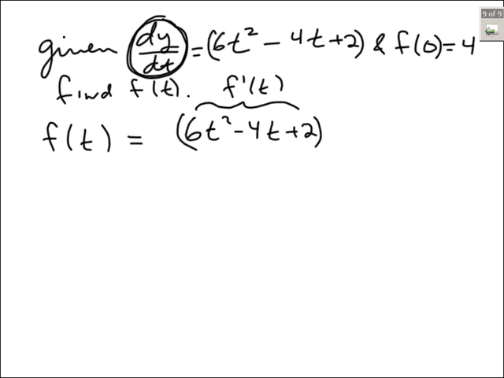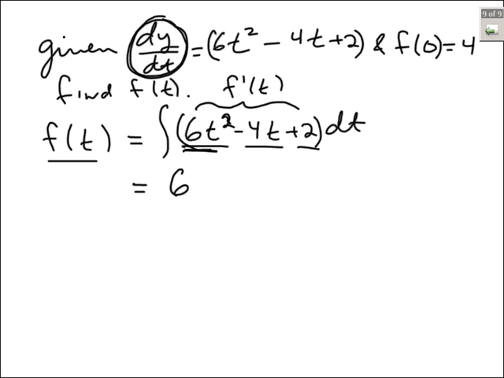Well, that's f prime of t. When you're given the derivative and you find the antiderivative of that, well, you get back f of t. So the antiderivative of this minus that plus the antiderivative of 2, that will be f of t.